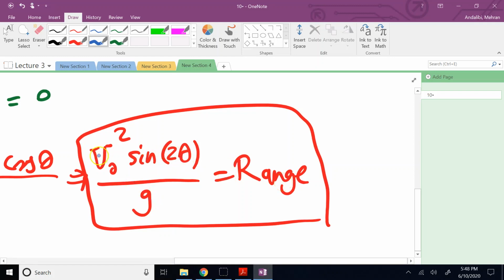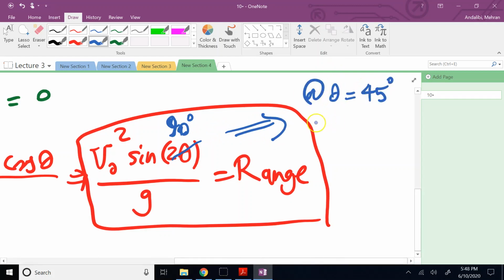Clearly, since g is constant and you cannot change v, the only thing you can change is theta. And so the max that you can get out of a sine function is what? 1. And when does that happen? When the angle of the sine is what? 90 degrees, right? 90 degrees gives you sine equal 1. So 2 theta is 90 degrees. Therefore, for what theta are you going to get the max range? That's right, 45 degrees.